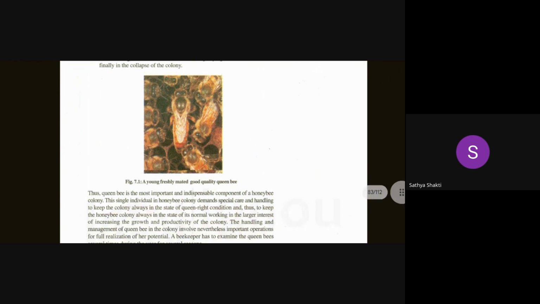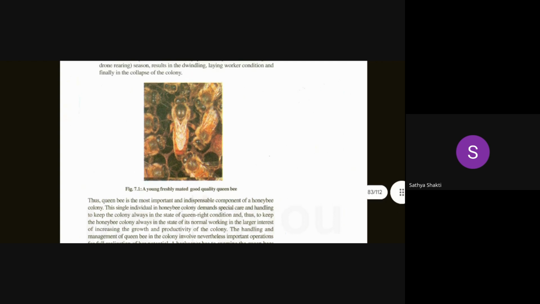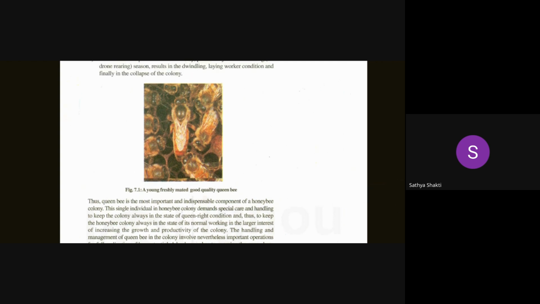And in this picture, you can see a queen around which workers surround, and workers feed the queen throughout its life with nectar, royal jelly, and pollen. Queen is taken care of by the workers from its brood stage and throughout its adult stage.